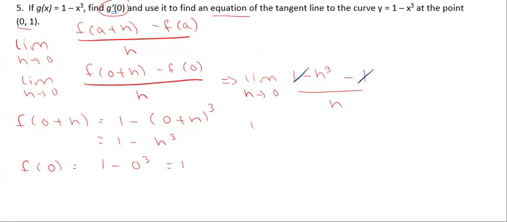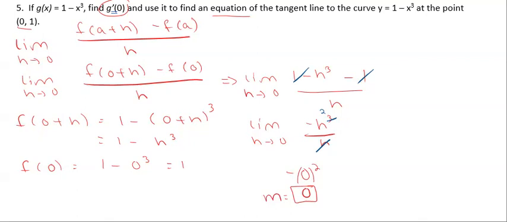Now we're left with the limit as h approaches 0 of negative h to the third over h. So we can cancel that h. This will become h to the second. Now we've eliminated the division by 0. Because we've eliminated the division by 0, that means we can put our h value in, and this is going to look like negative 0 squared, which is just going to be 0. So that means that our slope is equal to 0.